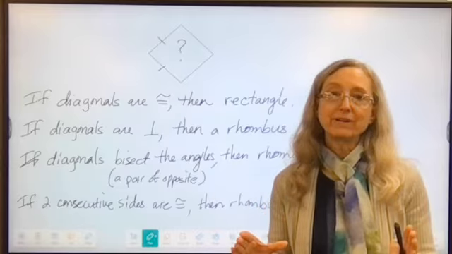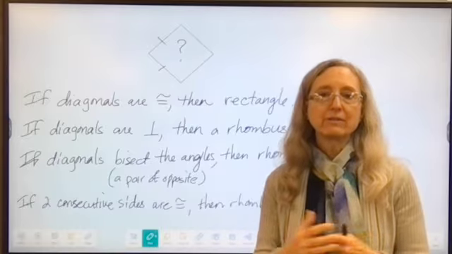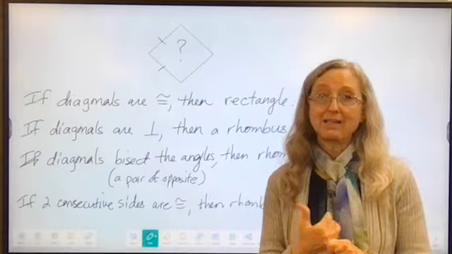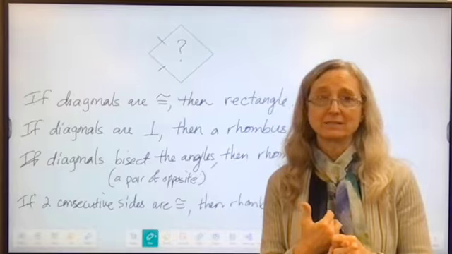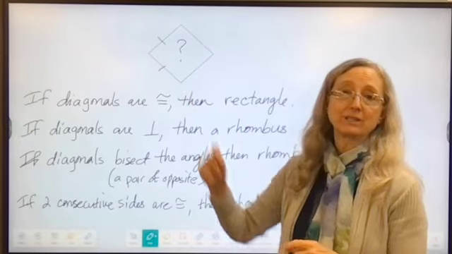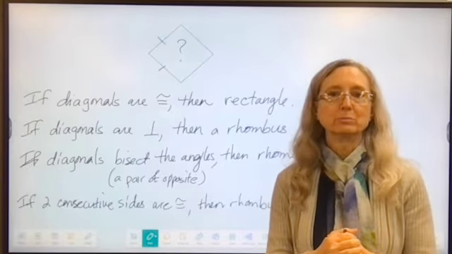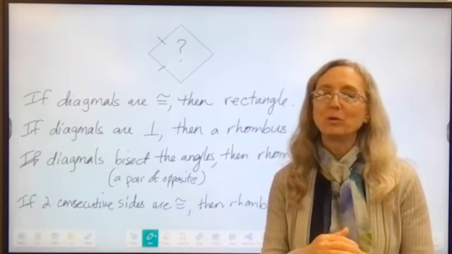You start with the fact that it's a parallelogram. If the angles are bisected, you know it is a rhombus, because kites' angles also get bisected, and kites also have consecutive congruent sides, so don't get fooled by that. We're going to do kites later on. This is just special types of parallelograms.